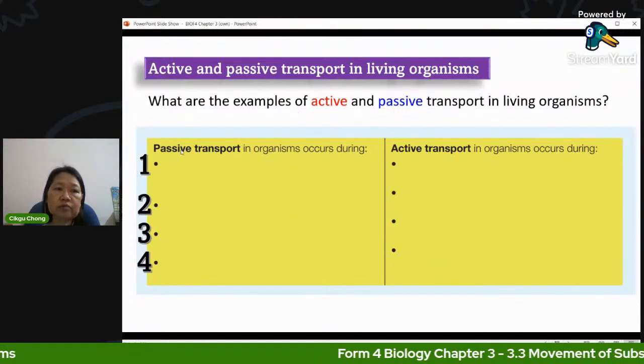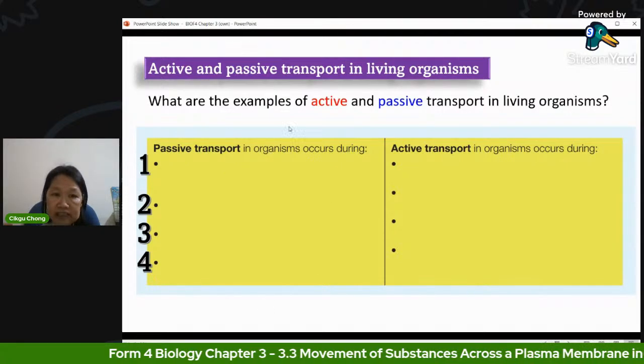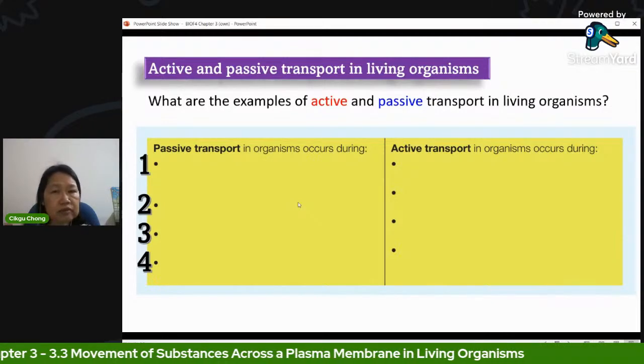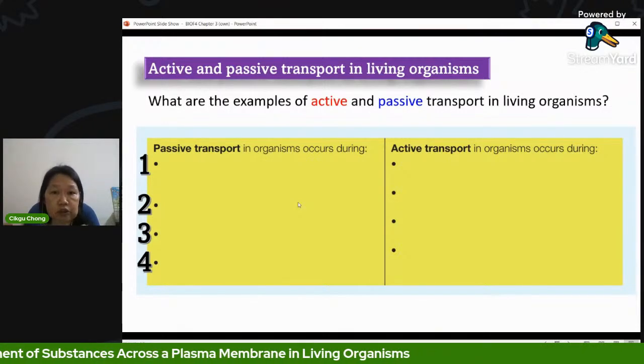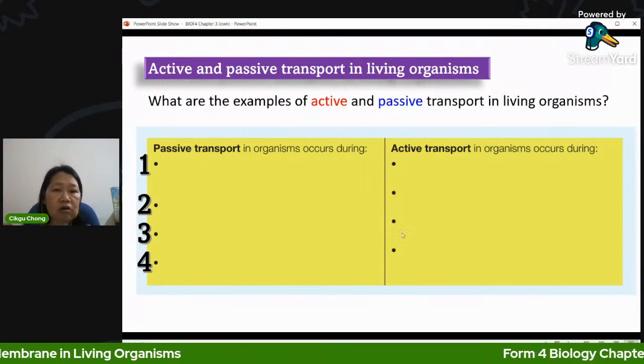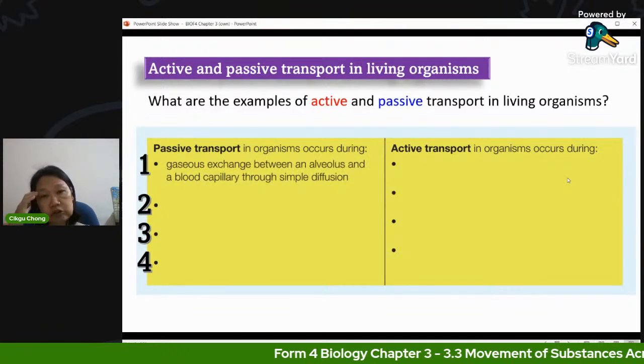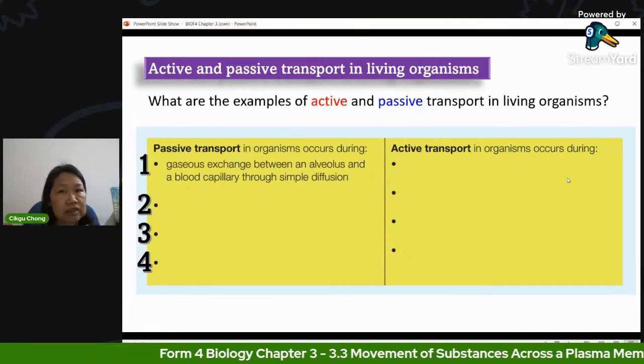From the passive transport, you need to remember a few. Here there are 4 examples, and they all include osmosis, simple diffusion, and facilitated diffusion. Whereas on the right hand side, they are all examples of active transport. Let's look at the first one. After that I'm going to show you each one of them using diagrams.